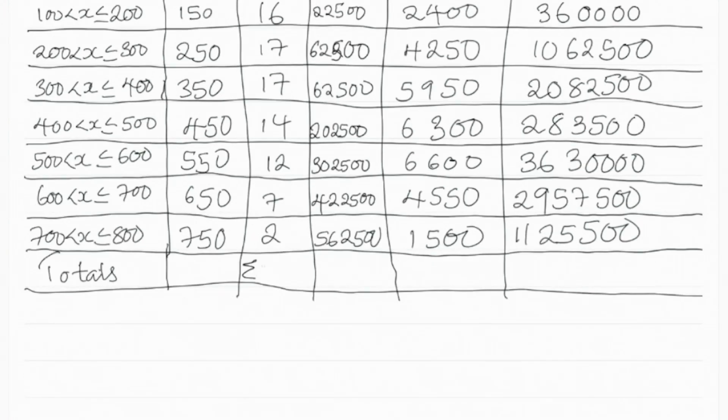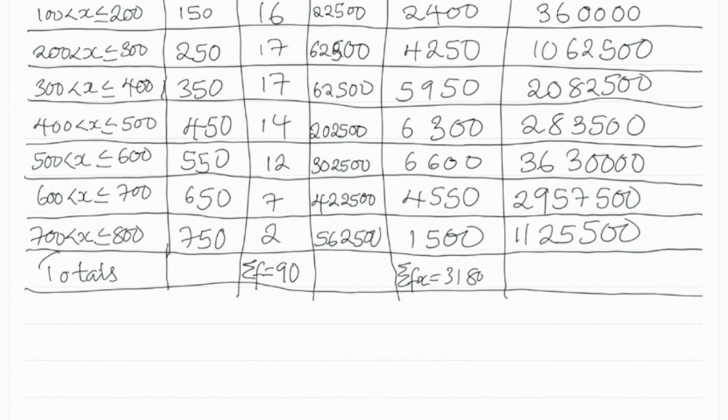So having done that now, we need to find the totals. What is the summation of f? When you add everything there, you should be given the 90 farmers that have been talked about in the given question. Summation of fx here, when you add everything there, you will have 31,800, like that.